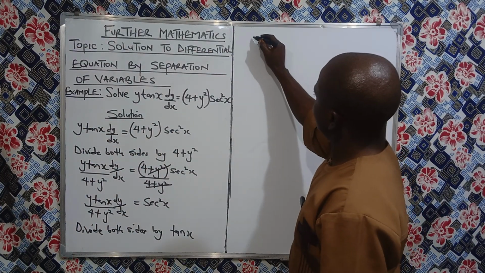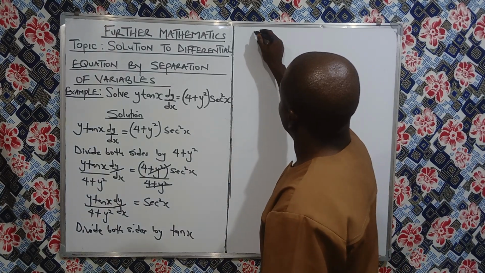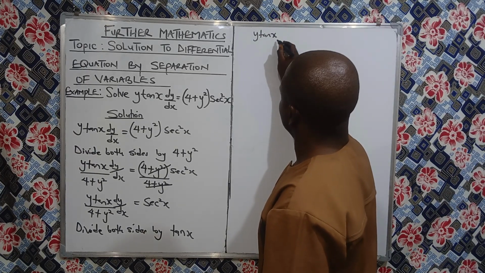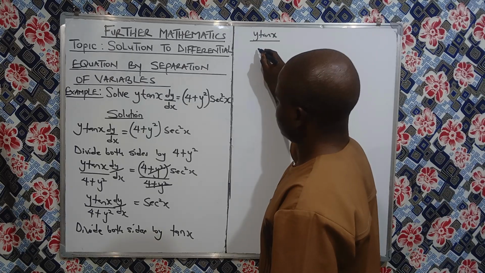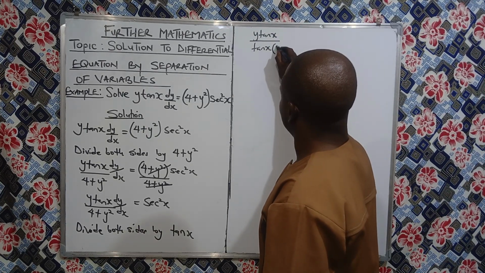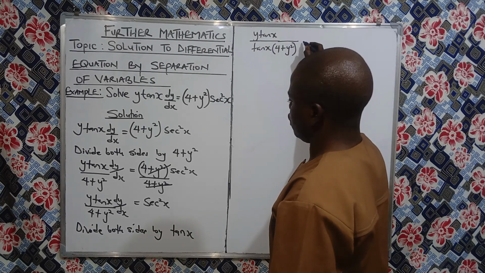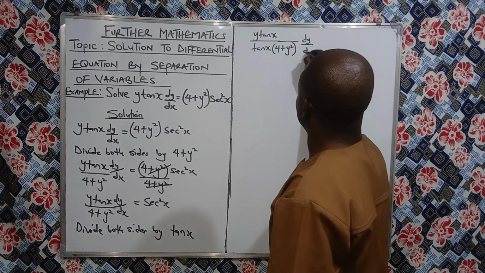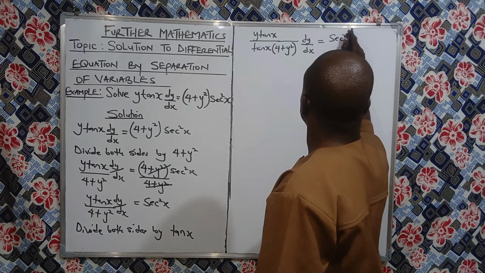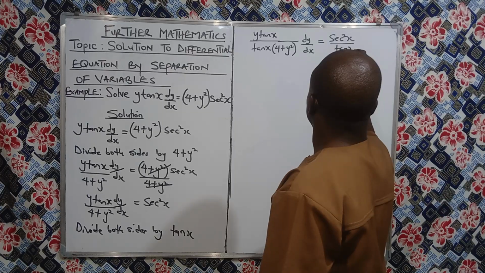When you do that, we're having y tan x divided by tan x, open bracket 4 plus y squared, dy over dx equals sec squared x over tan x.